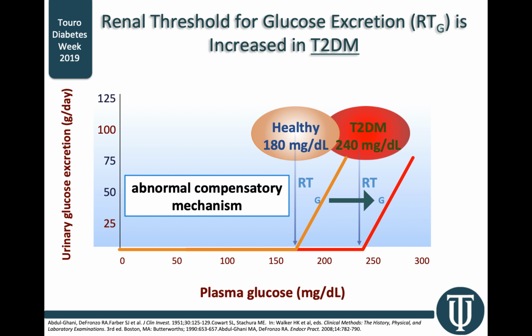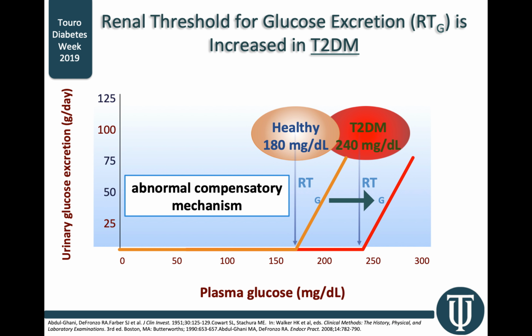So what that means is, for those who have diabetes, this is an abnormal mechanism. They won't excrete glucose in their urine until their blood glucose level hits 240. So that means they retain a lot more sugar in their bloodstream, so that will lead to high glucose.